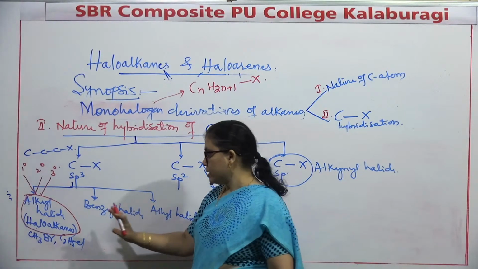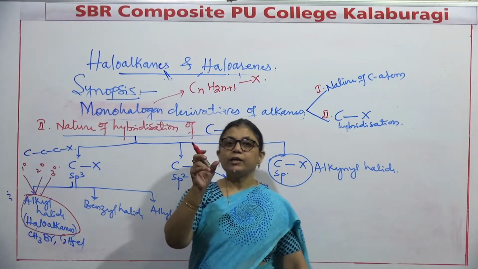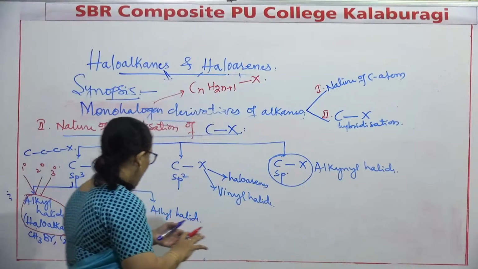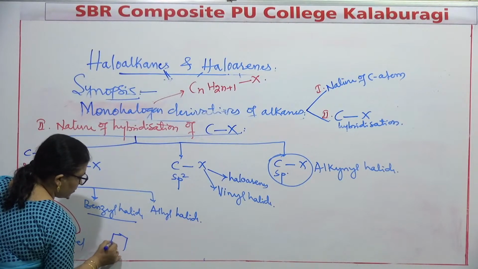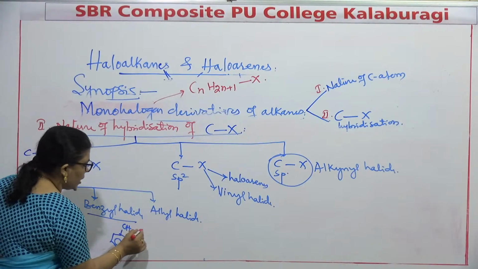In the same way, the next one, benzyl halide: halide group linked to a benzyl group. Already I said how to represent it: C6H5CH2 is benzyl, so benzyl iodide.